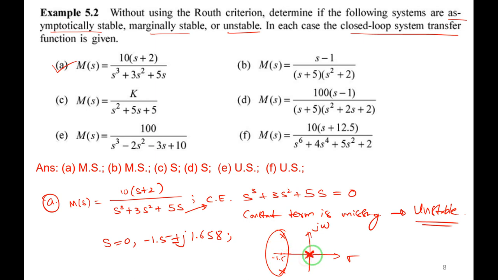But one root is lying at the origin. Then what about the stability of the system? Stable or marginally stable? It is marginally stable, because one non-repeated root is at the origin.